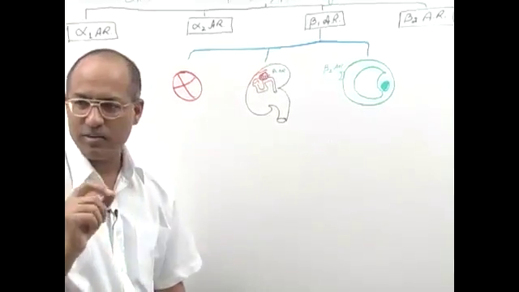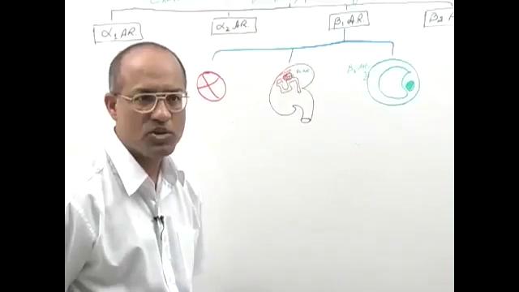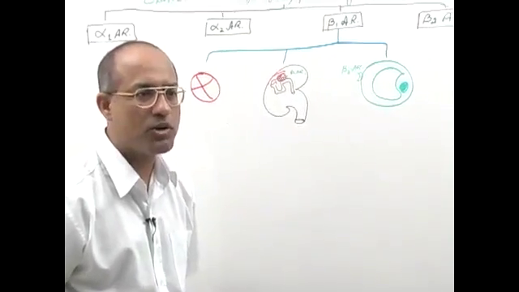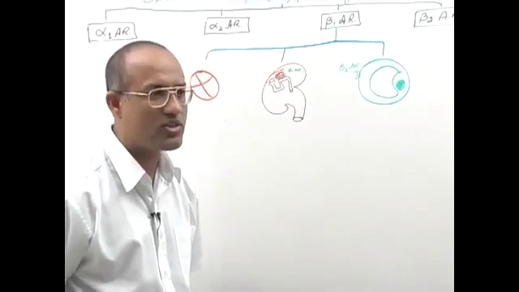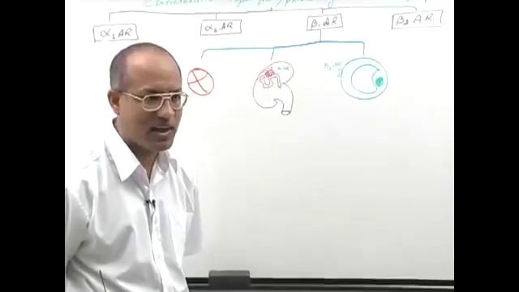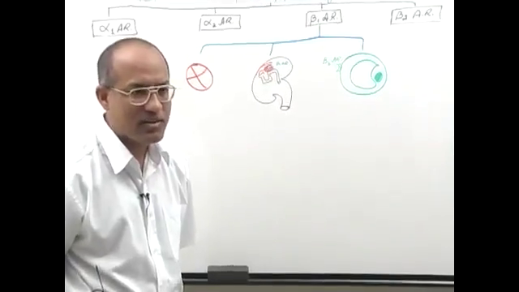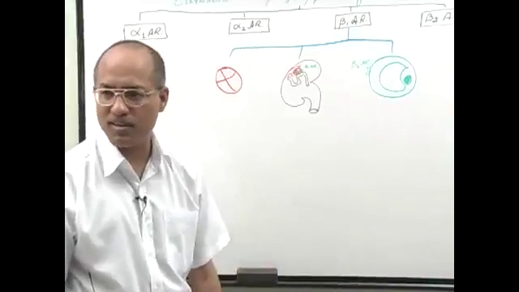And if there is a drug which can stimulate these adrenergic receptors on lipocyte or adipocyte, that will produce lipolysis. And if there is a drug which blocks beta 3 receptors, of course that will prevent lipolysis.